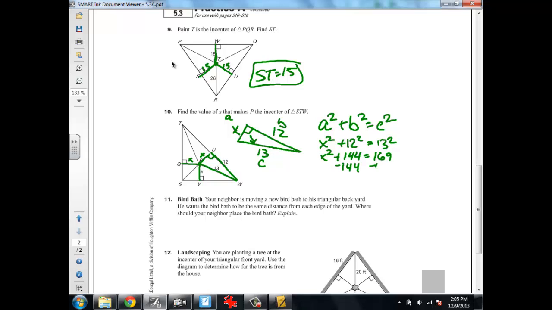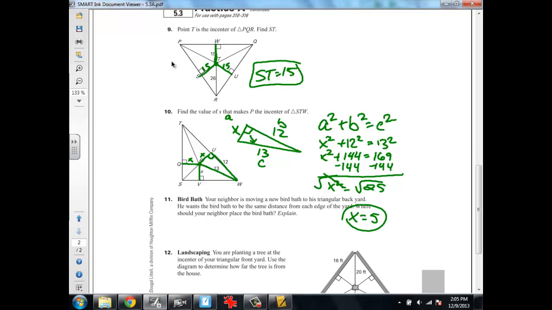Subtract your 144 over. Instead of squaring it, we do the opposite, which is square root. X equals 5.